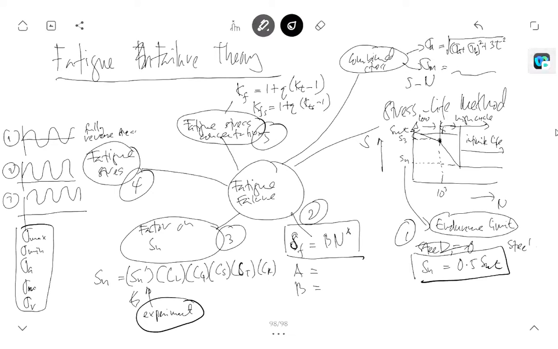Why do we need to calculate this sigma alternating and sigma mean? Because we want to relate the alternating and mean stress. So we have Langer, then we have Goodman.